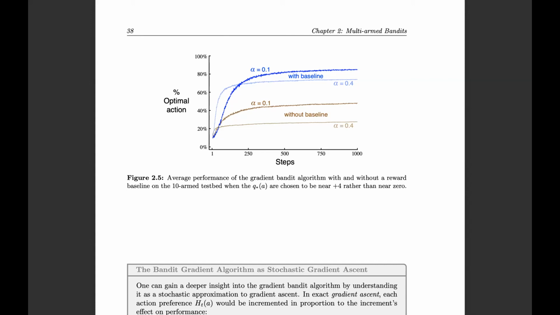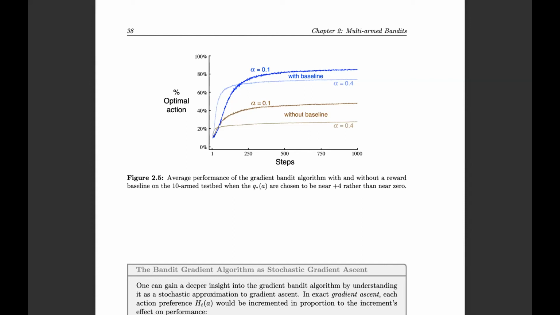So in my simulations, the mean Q values would be initialized with mean 0, and this R bar which I used was also 0. And in that case, the version without baseline performed better.